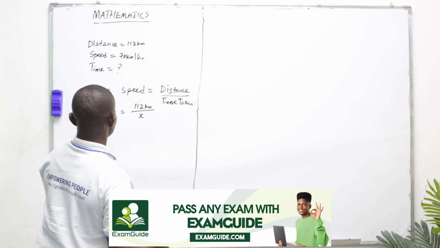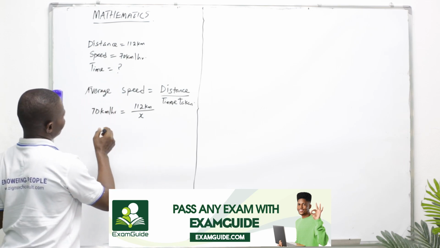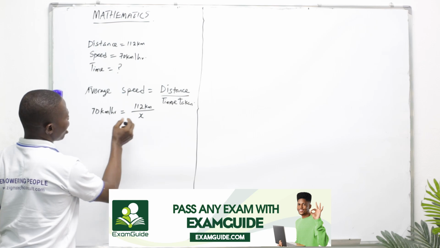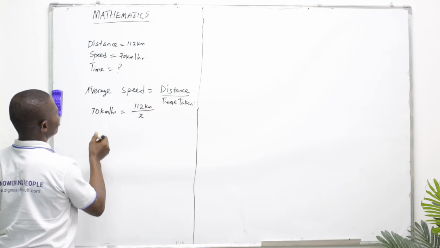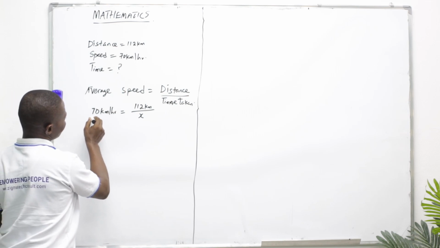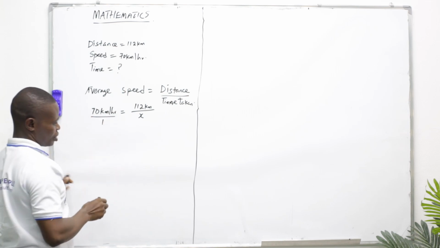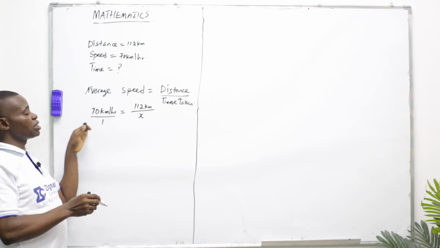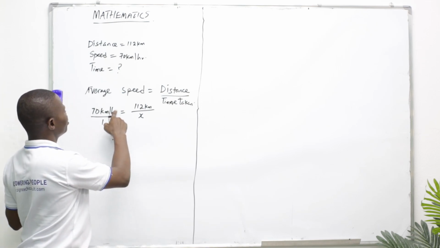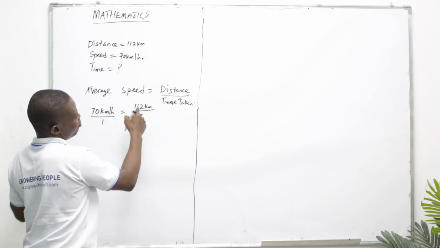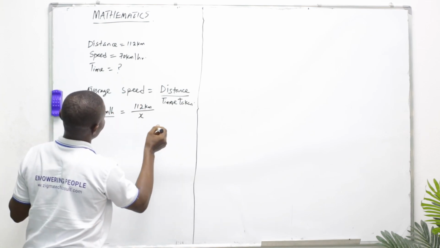Look at the first one here. I have a whole number side and a fractional side. If I like, I can introduce a fraction here, which is 70 km per hour all over 1. I've made it a fraction.